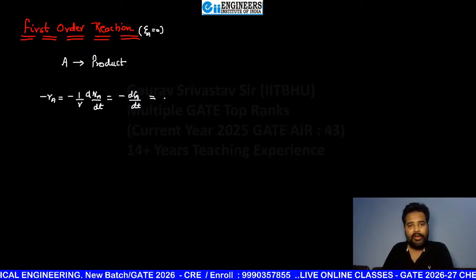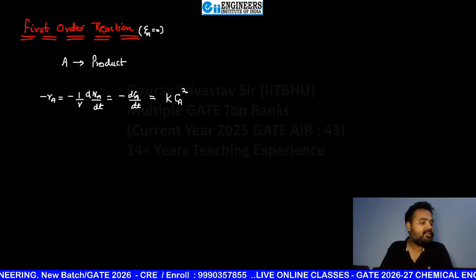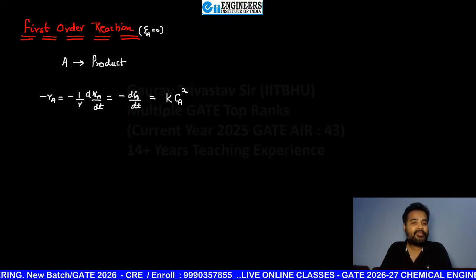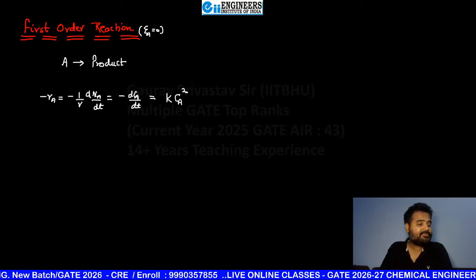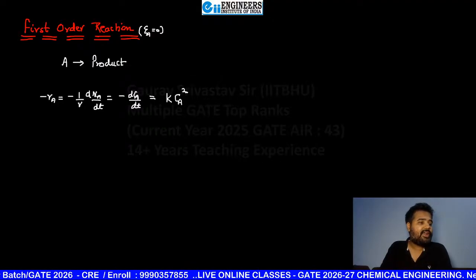So now here I can write it like k into Ca squared. Is it correct, beta? Tell me, everyone, is it correct?